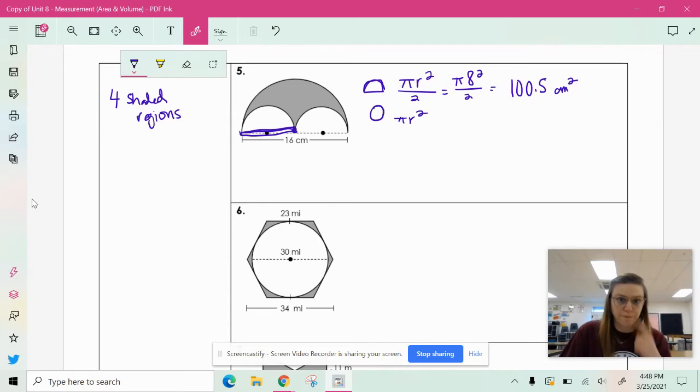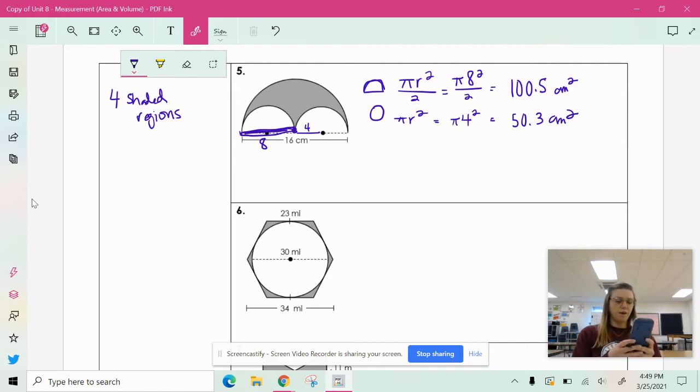Now, the little circles. If half of this is 8, then half of the half is 4, so the radius of the smaller circle is 4. So pi 4 squared is 50.26, which rounds to 50.3.